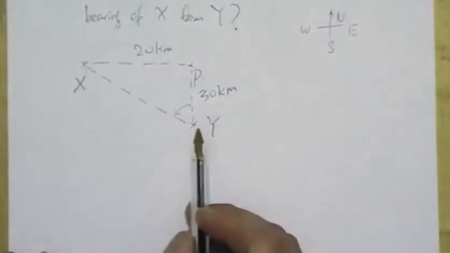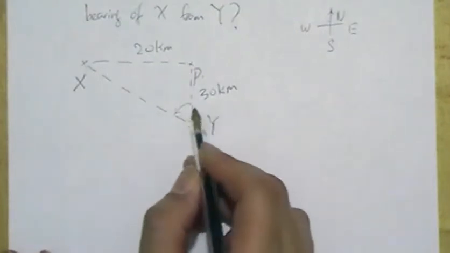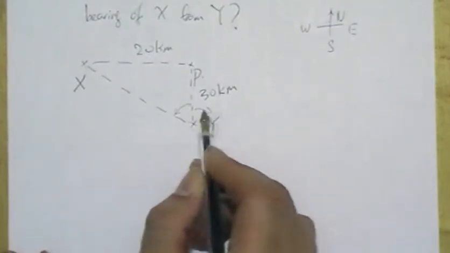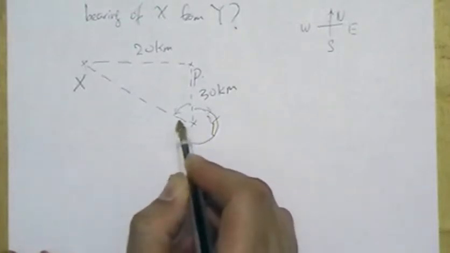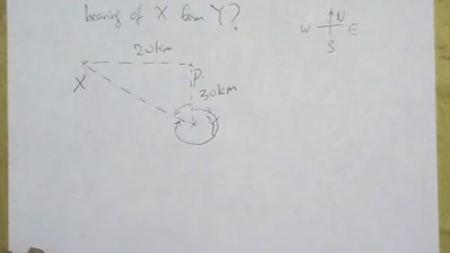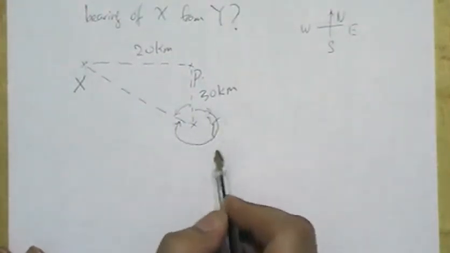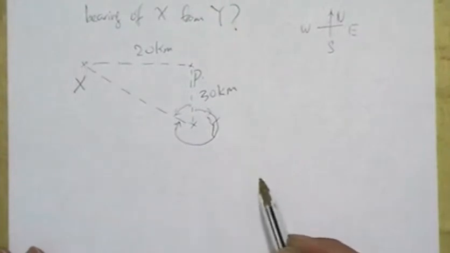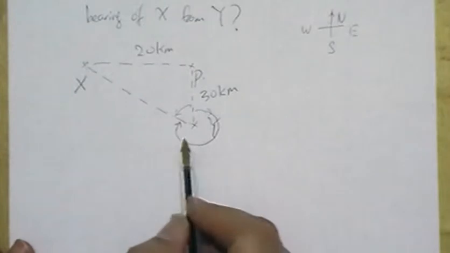To find the bearing, we have to go back to the north direction and go clockwise all the way until we come to the line joining Y to X. So it is this big angle here that is the bearing.